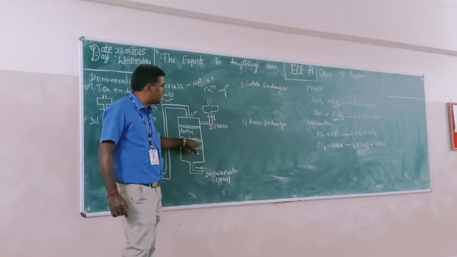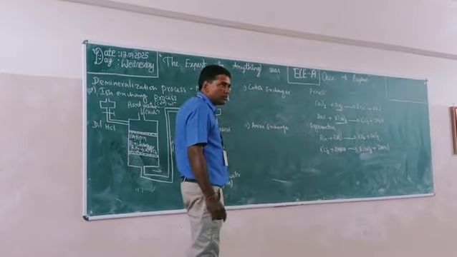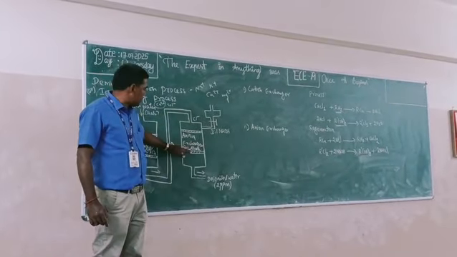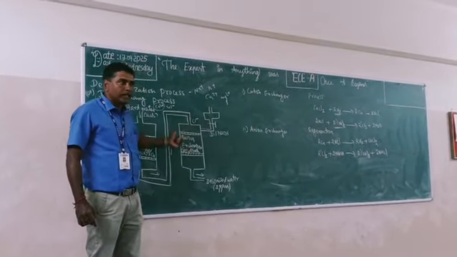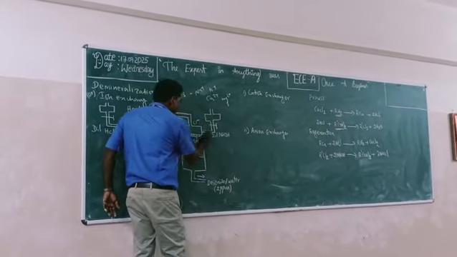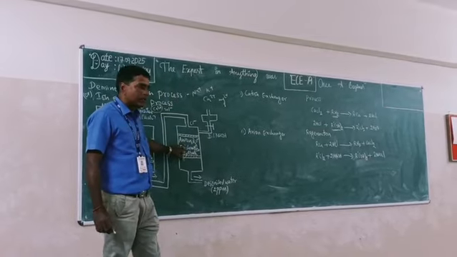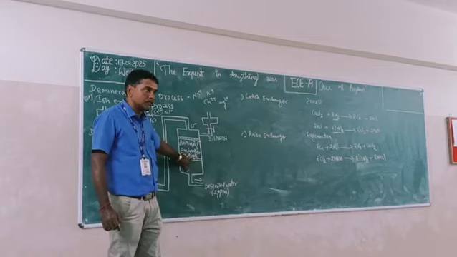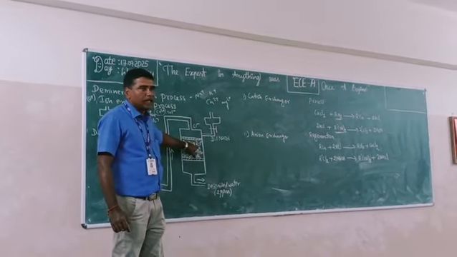Then it is converted into R dash Cl2. So the anion exchange resin R dash OH twice is converted into R dash Cl2 by absorbing the anionic impurities.